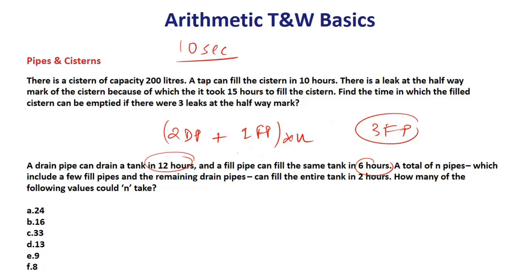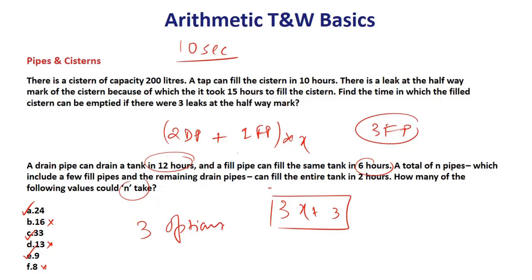So the general form of the answer will be 3 plus 3x, or because n is here, you take an x here. So the general form is 3x plus 3. How many answer options take this form? Let's see. The first one definitely does, not here, definitely not here, definitely not here. So there are 3 options possible.